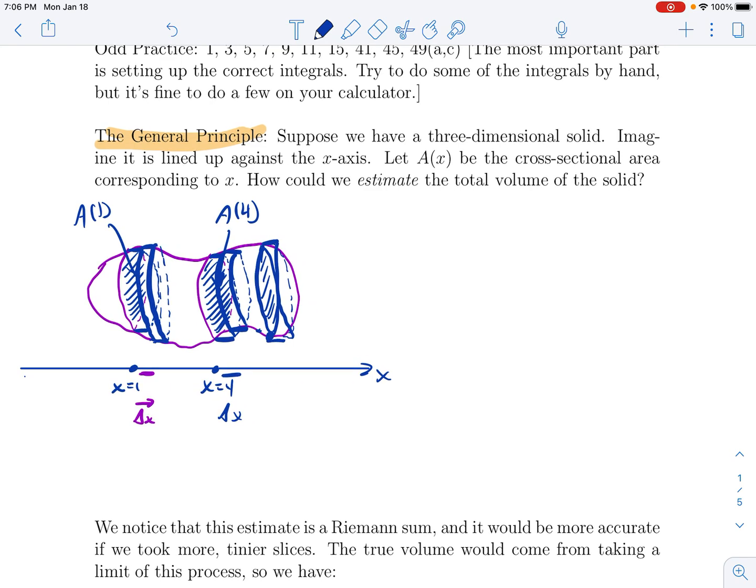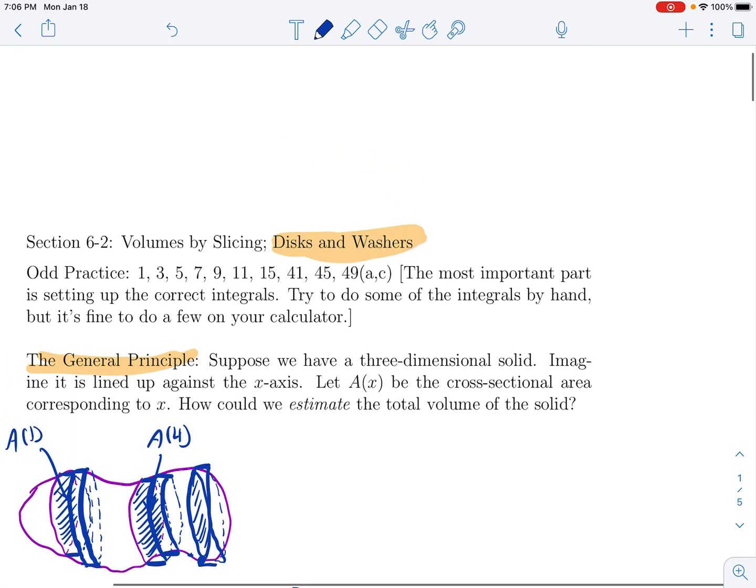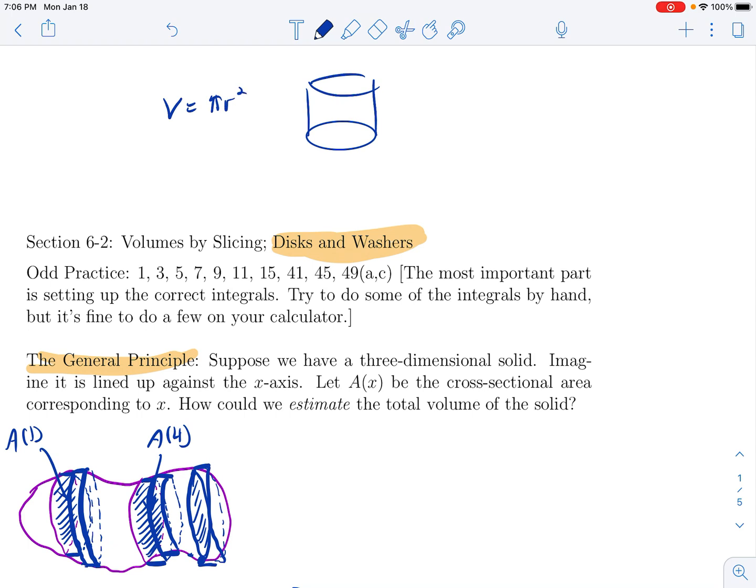There's a general principle that if something has a discernible base and rises vertically, so for example, the standard example would be a cylinder. A cylinder has this base that's perfectly circular, and then we go up and we build something on it. And the volume is the area of the base times the height.